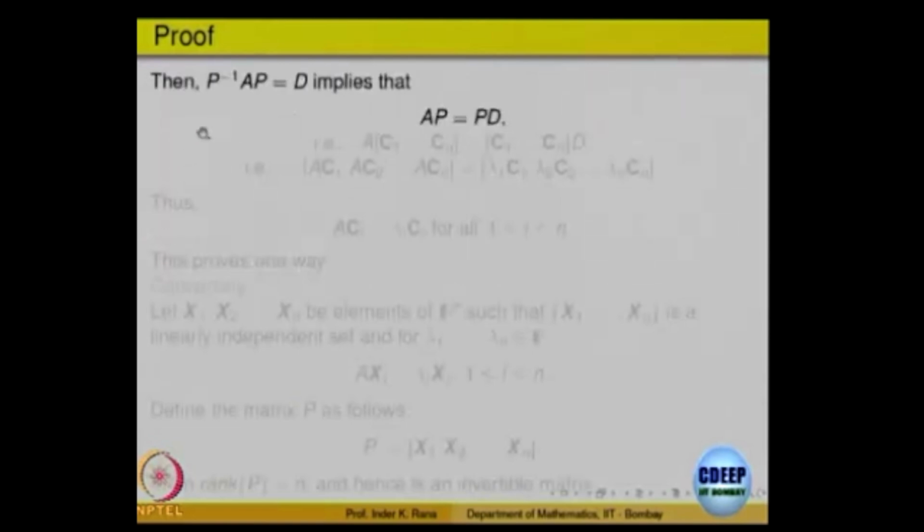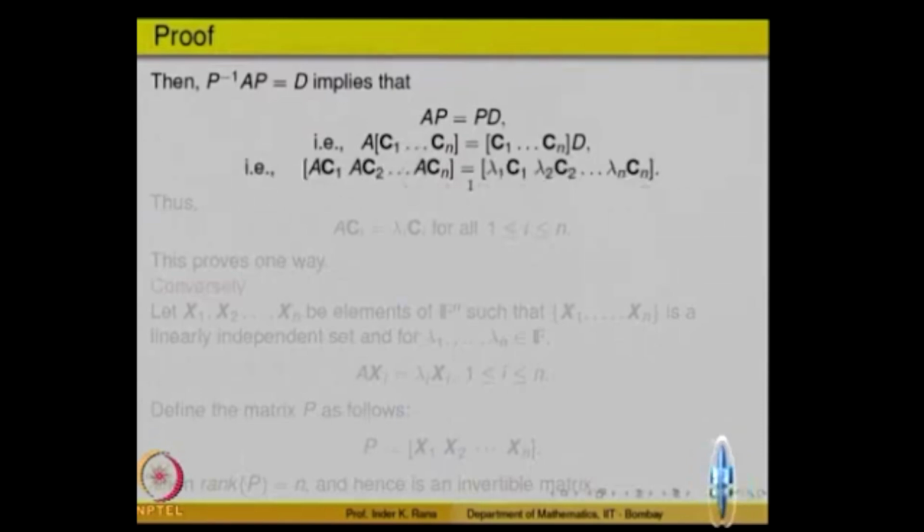If I multiply both sides on the left by P, then AP is equal to P times D. And let us write P and D in terms of the columns. P has columns C1, C2, up to Cn, and this is multiplied by D. What is this multiplication? It is precisely the matrix with columns AC1, AC2 and ACn, and since D is the diagonal matrix, the columns of PD are lambda 1 C1, lambda 2 C2 and so on.